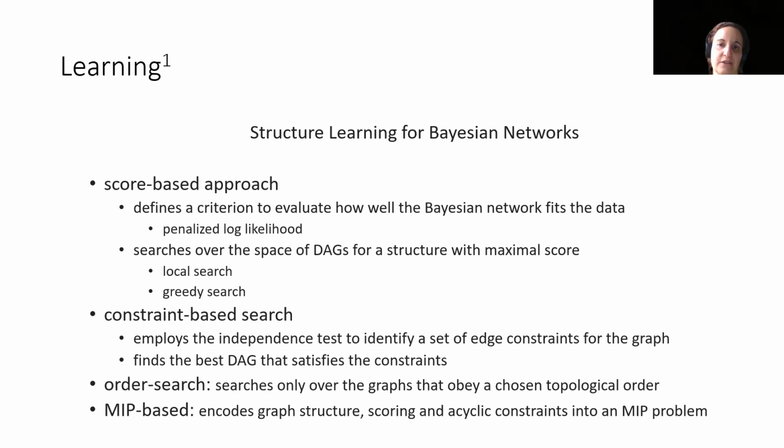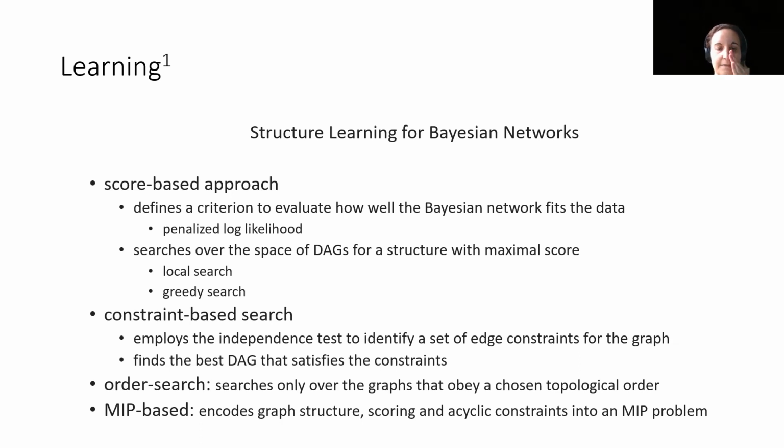So what people usually try to do, focusing on Bayesian networks, that means directed models, is define a score which says how well the Bayesian network fits the data, and then starting from an initial graph, usually a DAG, they don't go to general graphs, they search the space of different DAGs using some simple search like local search or greedy search, and try to incrementally find a different DAG that gives a better score.